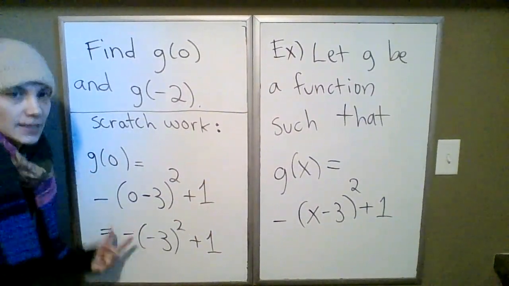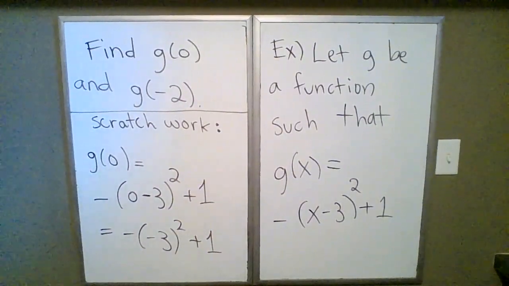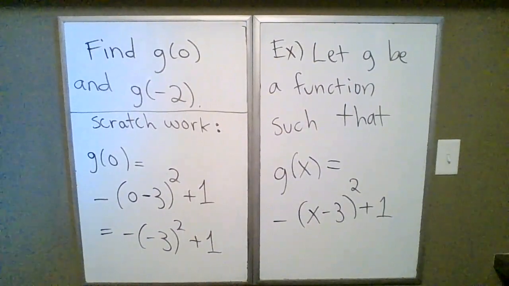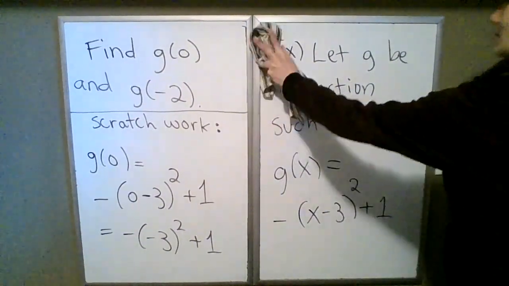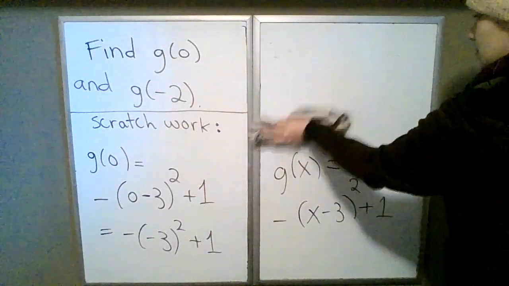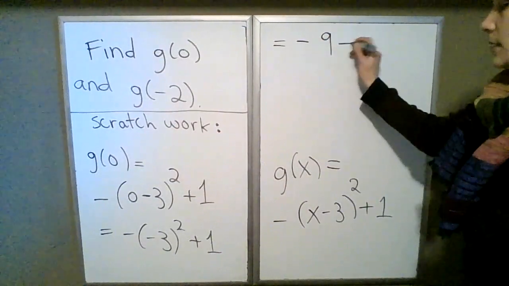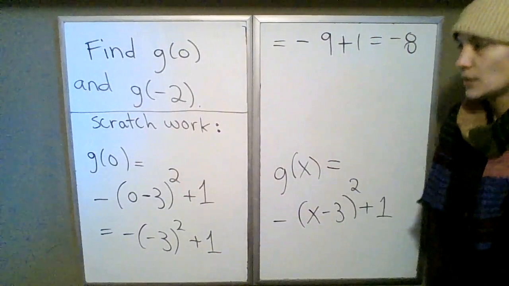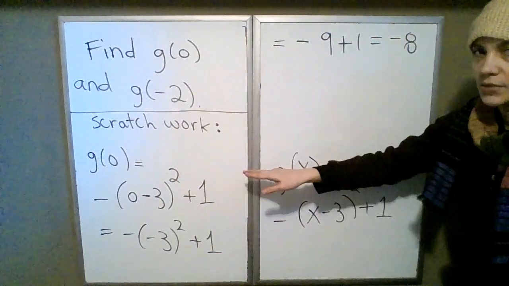And then there's a negative sign out front. And I got -8. So if you input 0, you're going to have an output of -8 using this function.